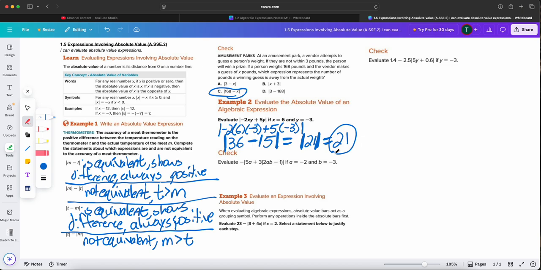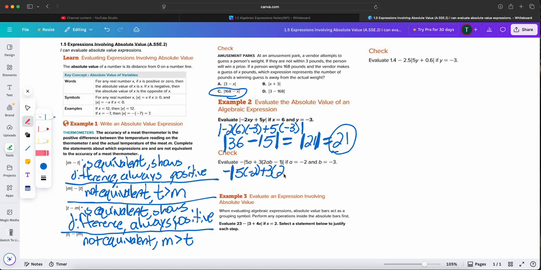So they want us to do that same thing in this next problem. So it says evaluate. We have a negative sign on the outside. We got absolute values. We have 5. Instead of A, they want us to plug in -2 plus 3.